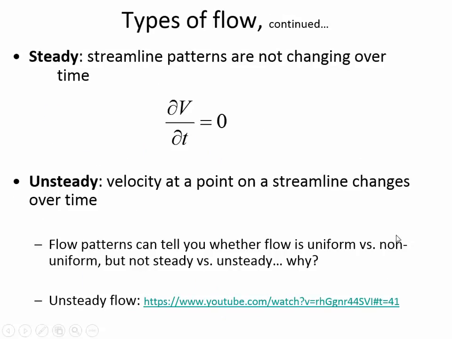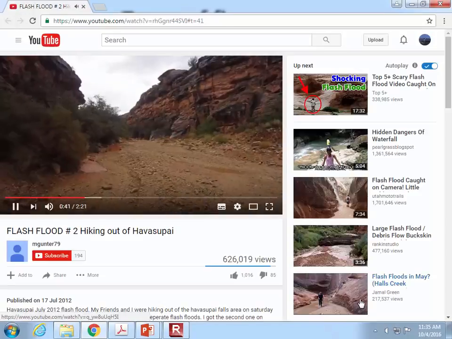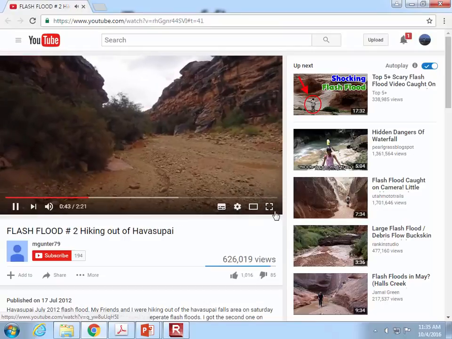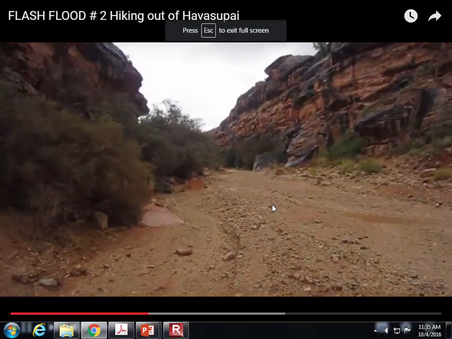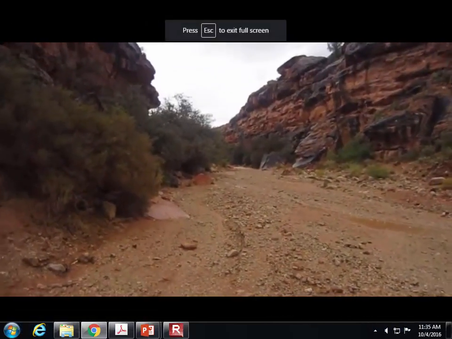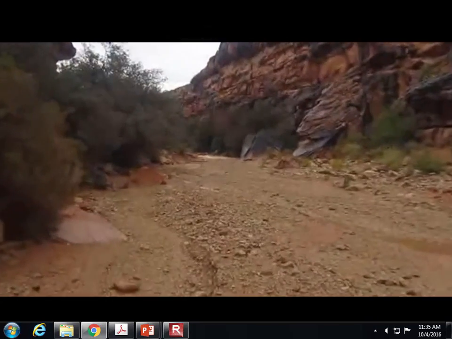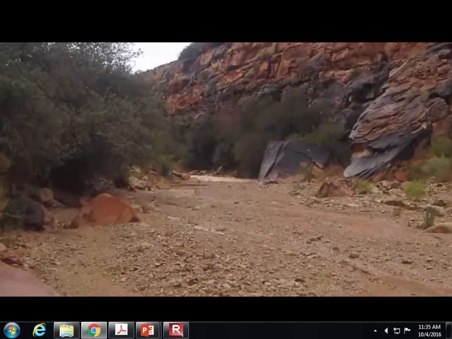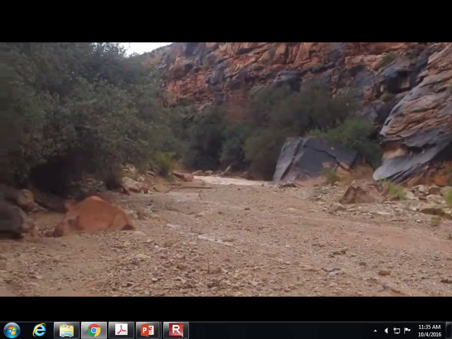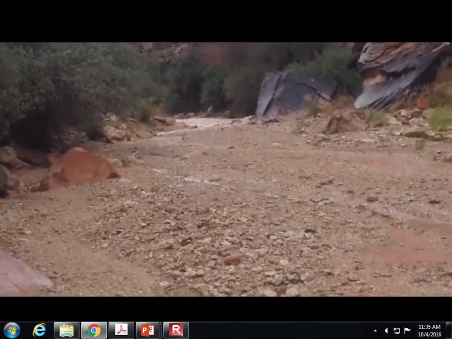And in fact, let's look at a series of pictures that show us what's happening to some flow over time. Someone was out on a hike and saw something pretty interesting. This is in Arizona. Here it comes. Hiking up a stream bed. I sure wish that projector was a little brighter, but you can see conditions are unsteady.